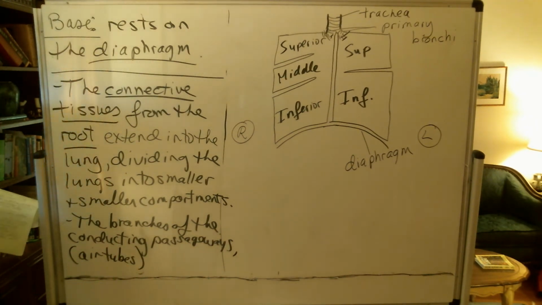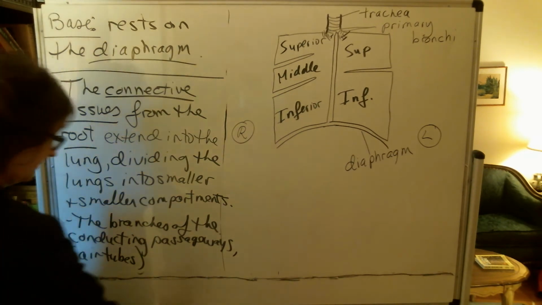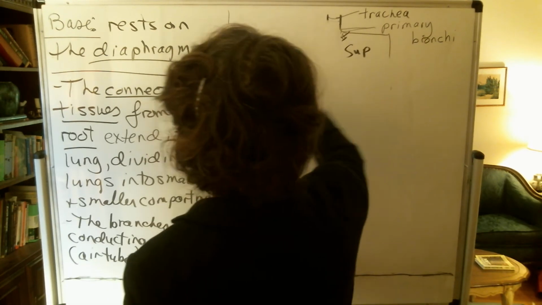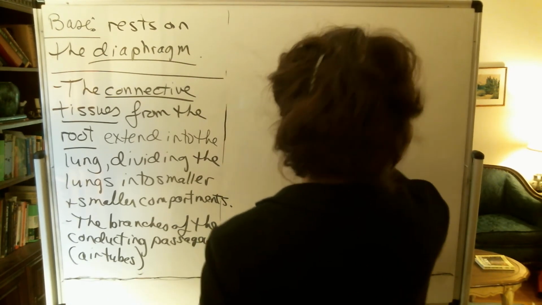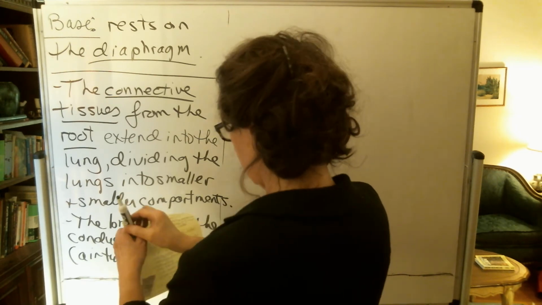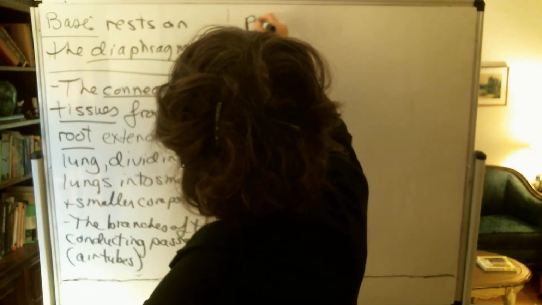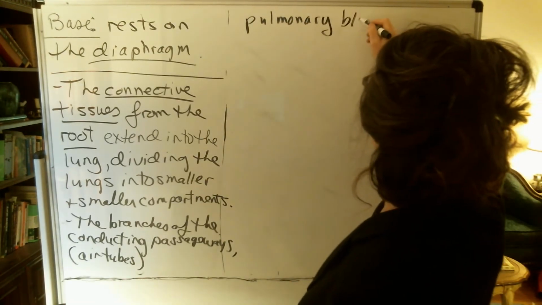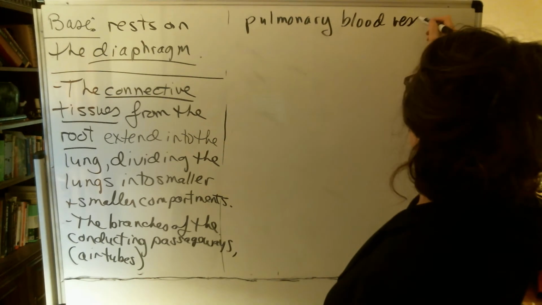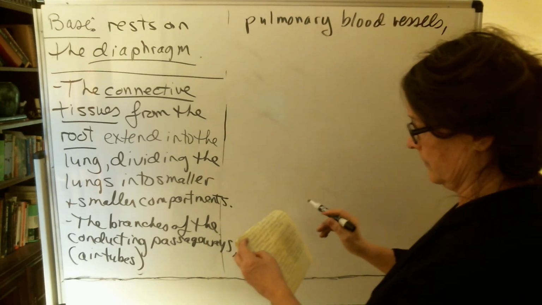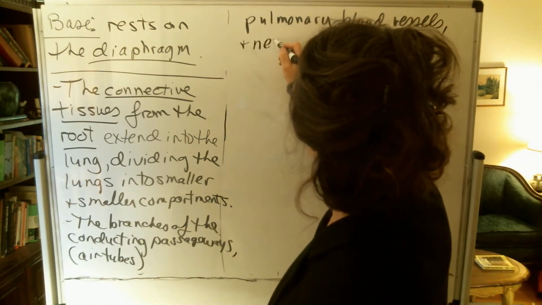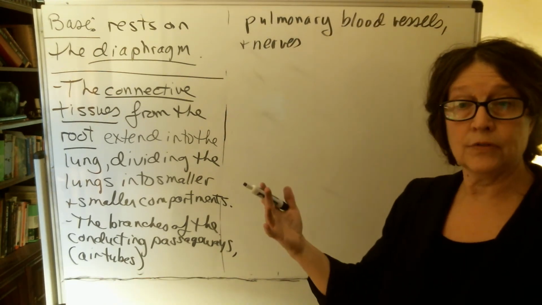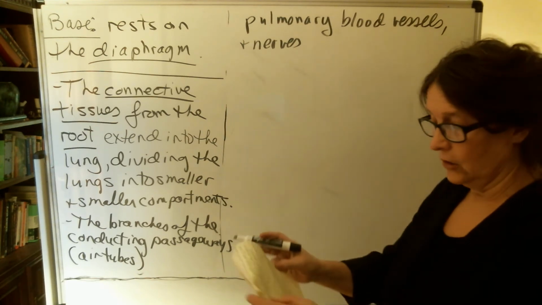So branches of the conducting passageways, pulmonary blood vessels and nerves. So all those things that entered the lung at the root of the lung are basically carrying along then.